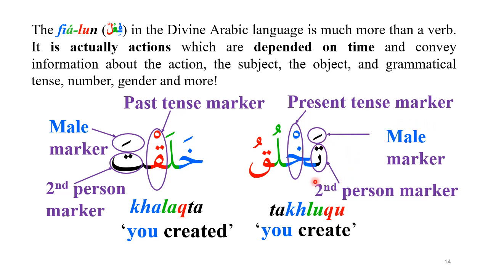And we know that the sukun on the first root letter means a present tense marker, or the action has just started and has not finished. But if there is a sukun on the last letter, that would mean a past tense, or the action has been completed, right?